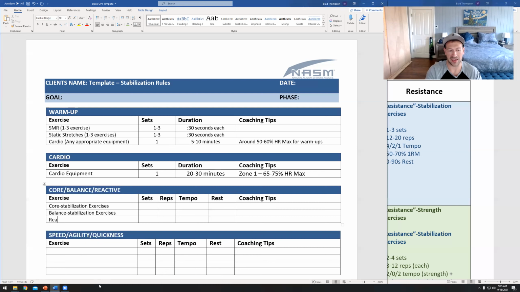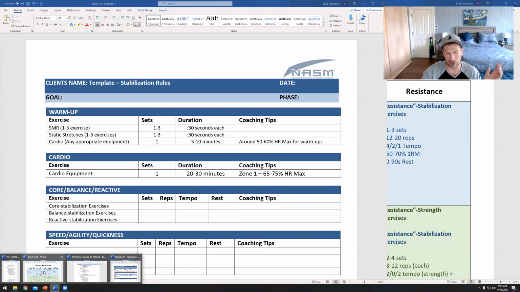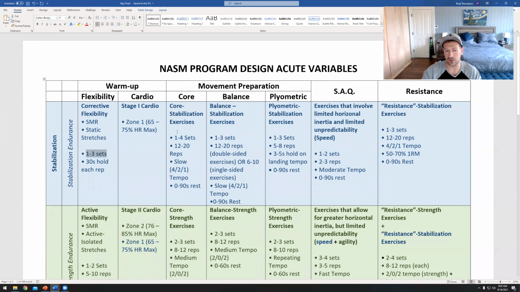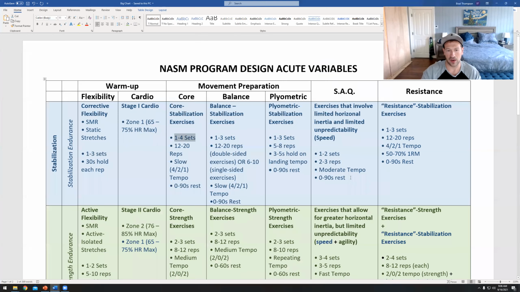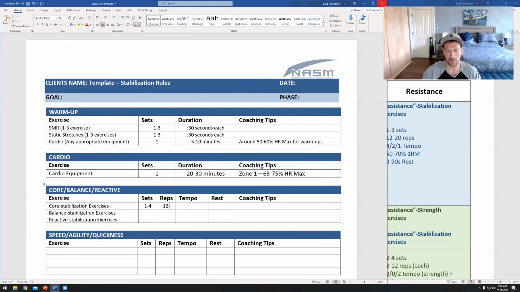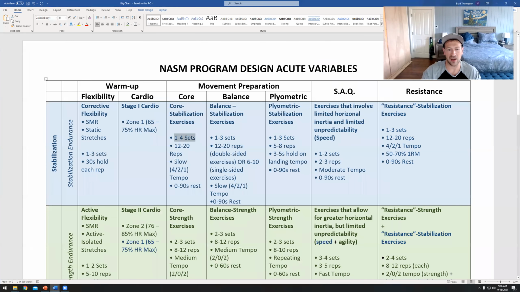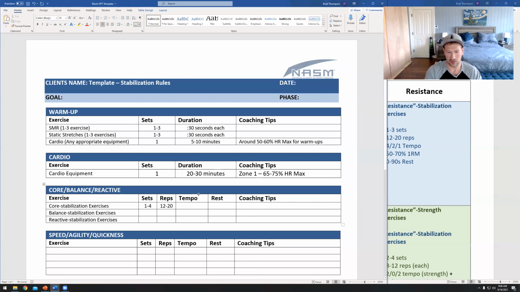And we're going to choose reactive stabilization exercises. Okay, so our rules for that, if we go here, that's going to be for the core stabilization stuff, 1 to 4 sets, right? That's going to be 12 to 20 repetitions. For our tempo, that's going to be listed out as slow, right?